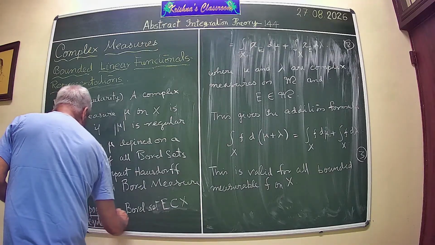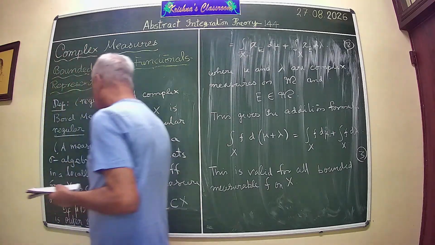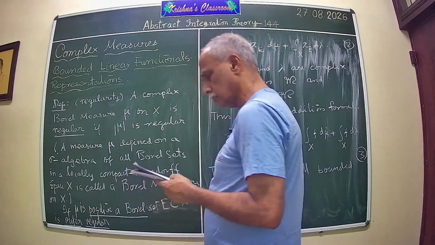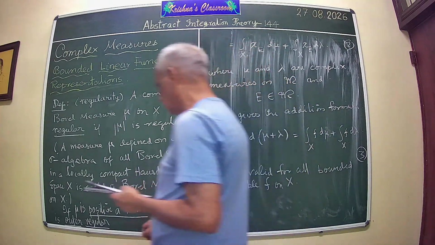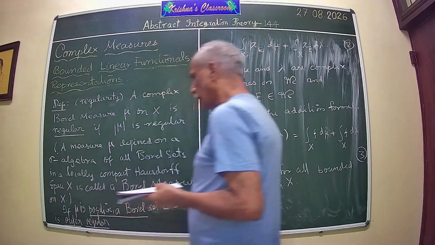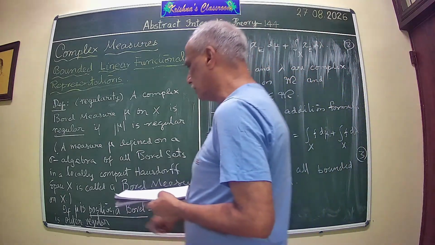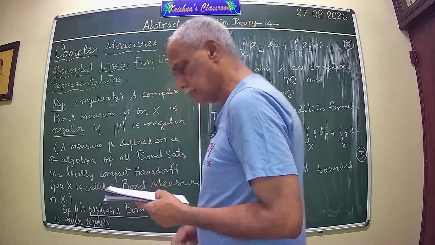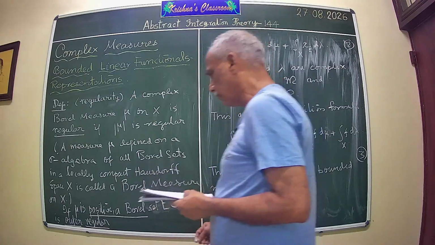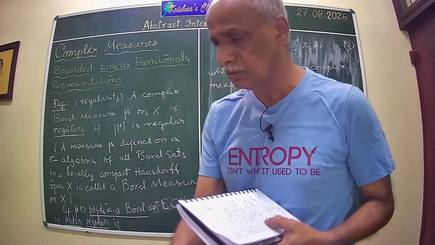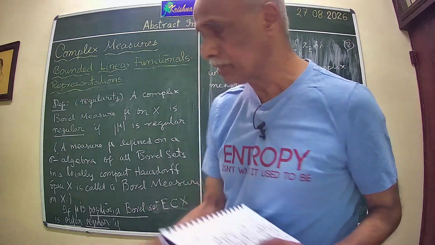We are talking about a positive Borel measure, and a Borel set is said to be outer regular if the following condition holds. What is that?